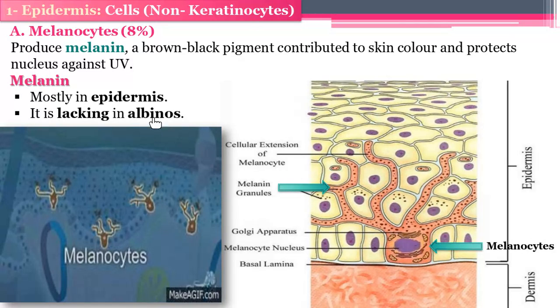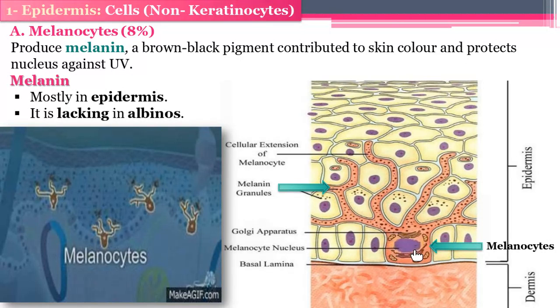You must have seen people who appear whitish, and the skin of these people becomes red when it is exposed to sunlight. These people are called albinos, and they lack the melanin pigment. See here in the pictorial presentation, I have put the green pointer. This is the melanocyte.